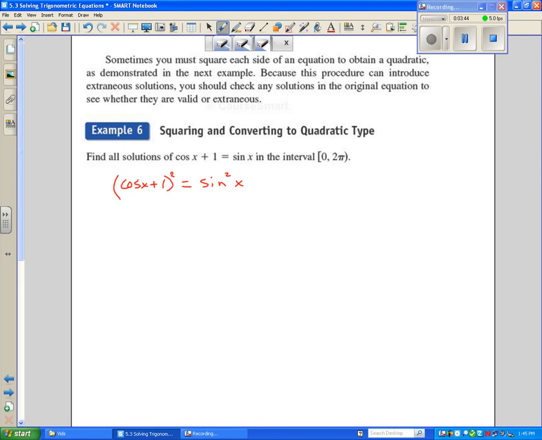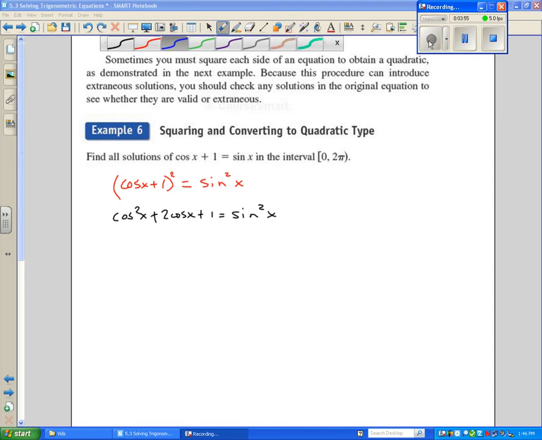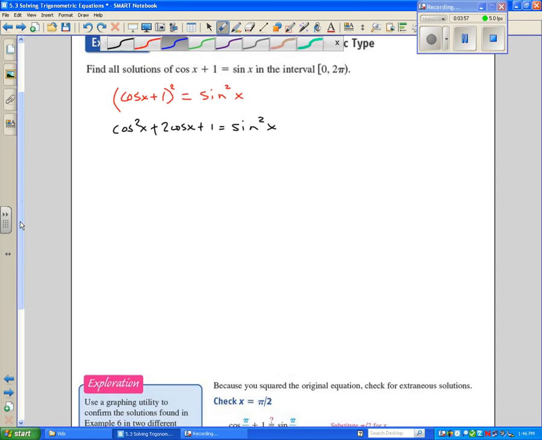So I'm going to FOIL the left side. And then I'm going to convert the sine squared into cosine squared using the identity, which is 1 minus cosine squared. Then I'm going to move all of the cosines to one side and factor.